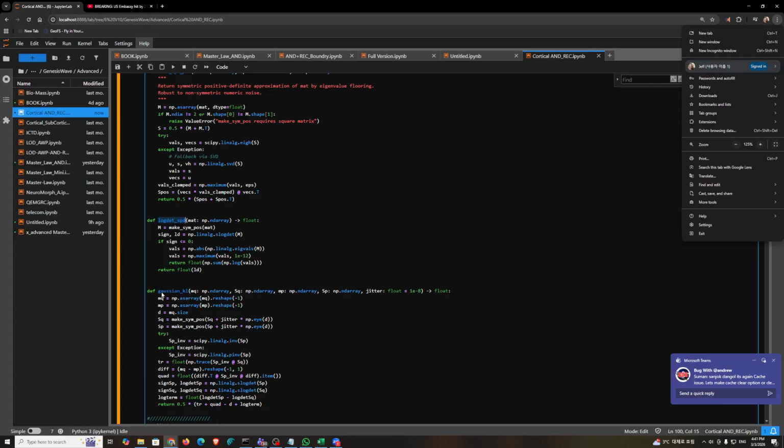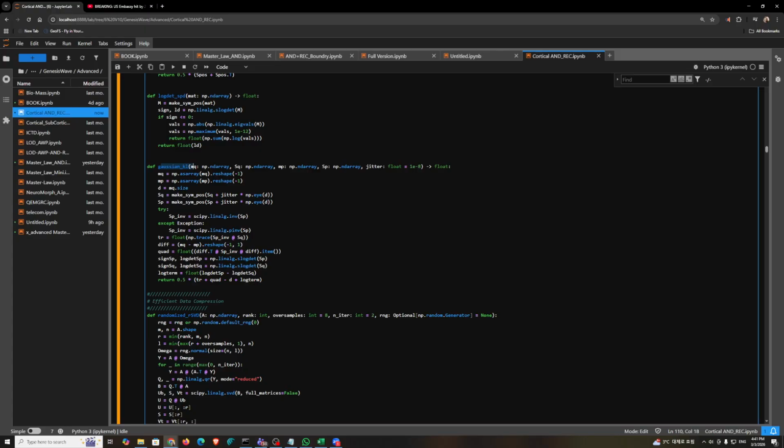And now down here, this Gaussian KL takes the Logit SPD a step further by calculating the Kullback-Leibler, or the KL divergence, between two Gaussian distributions. You can think of KL divergence as an information distance. It basically measures how much one probability distribution is different from another distribution.